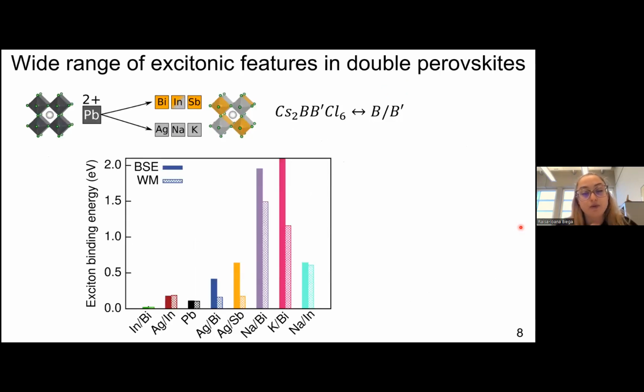And what we did to try to answer this question was to first take a look. So we now vary the B and B dash sites of the double perovskites, so into B and B dash, we plug in those chemical elements, and then we have a variety of double perovskites, and we go through the entire theoretical workflow that I've shown before, and then we get a bunch of exciton binding energies.